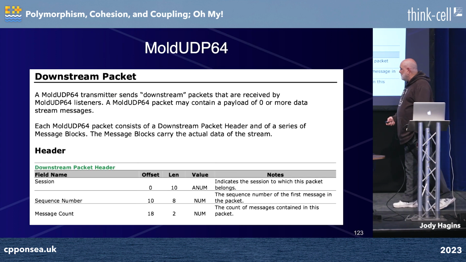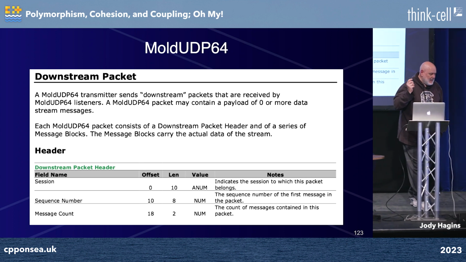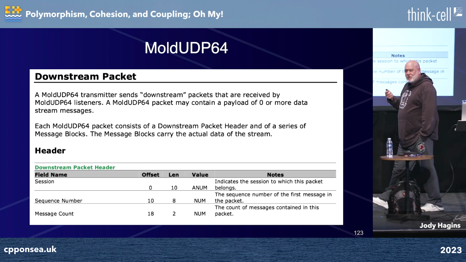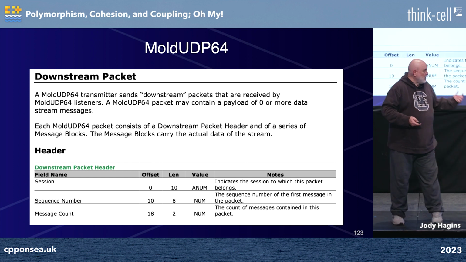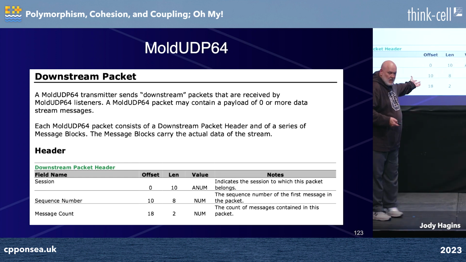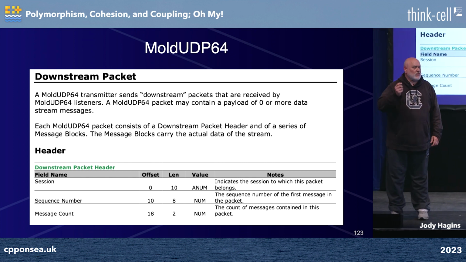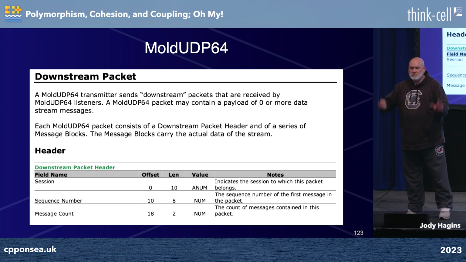Well, Mold is UDP. This is what they send you. Basically, they send you a header with a session ID and a sequence number and a message count. The sequence number basically says, here's the sequence number of the first message in this packet. And this packet contains some number of messages. So the first sequence number in this packet is 42, and it contains 20 messages, okay?